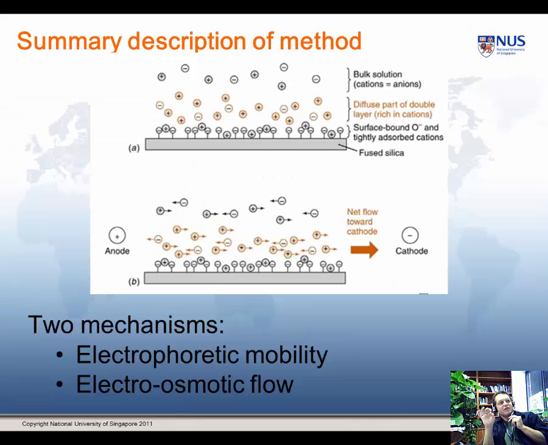Before we continue there, we should just make sure we're all on the same page. So this little cartoon has a top and a bottom, and I'm looking at the top at the moment. Effectively, we have the wall of one of the walls of our capillary, which is on the inside comprised of fused silica.